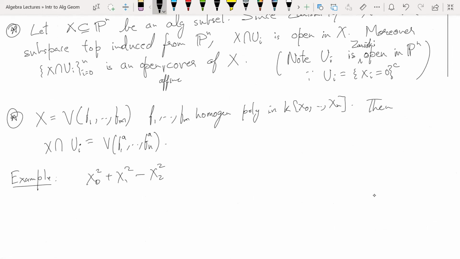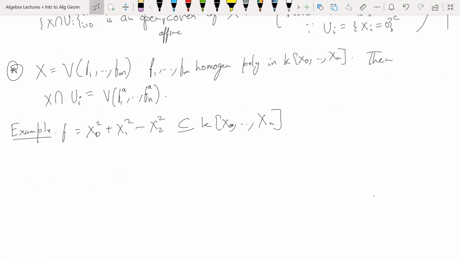So consider this F to be this polynomial in K[X0, X1, X2]. We have already looked at this example. This is the cone which we saw in the last class or the last to last class.